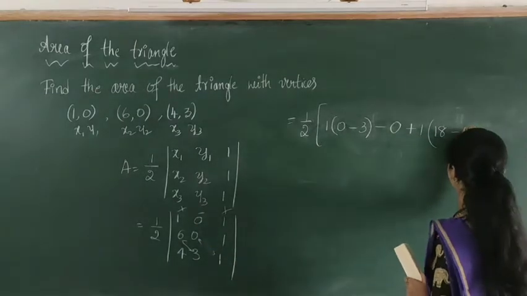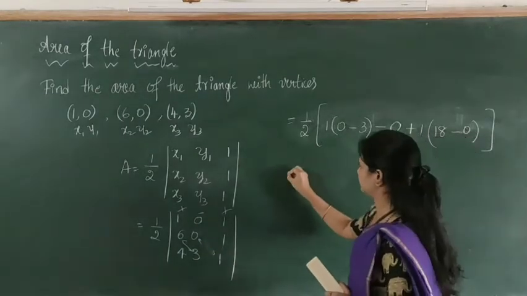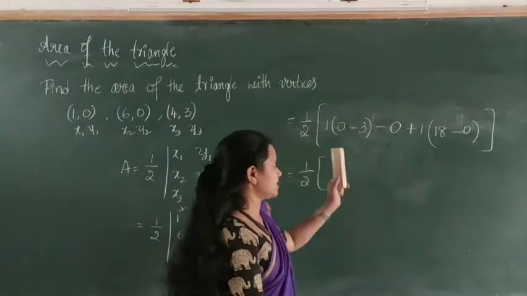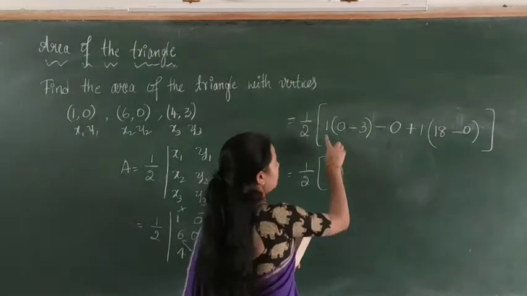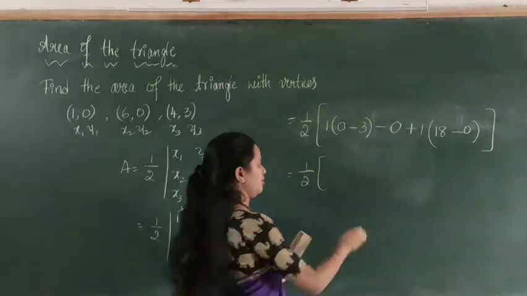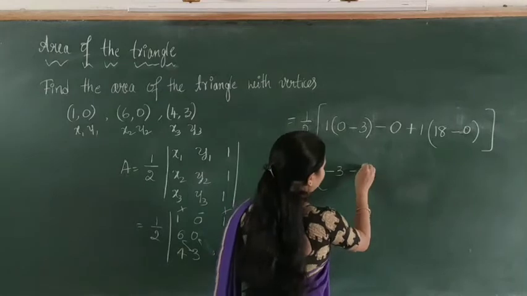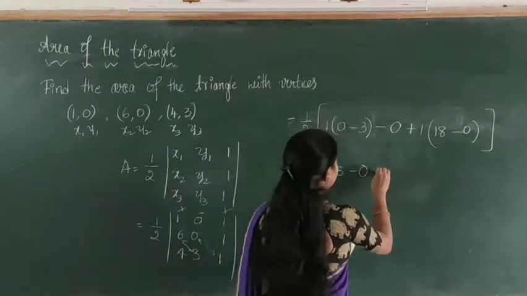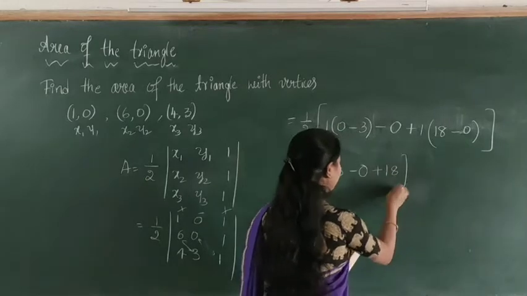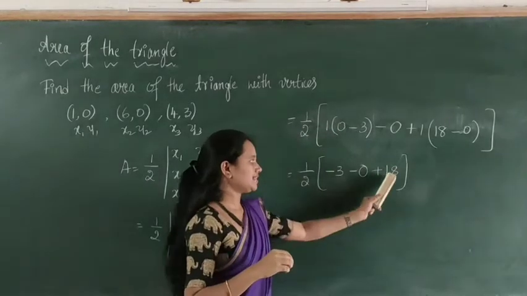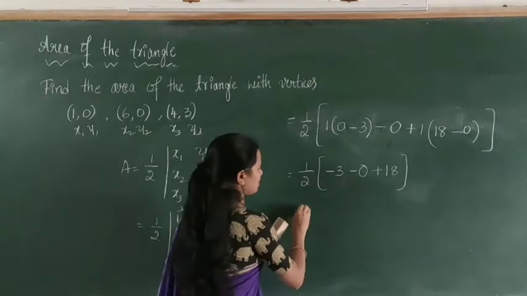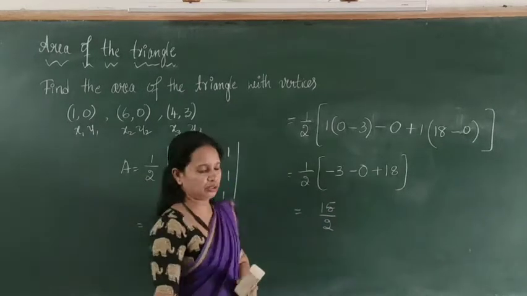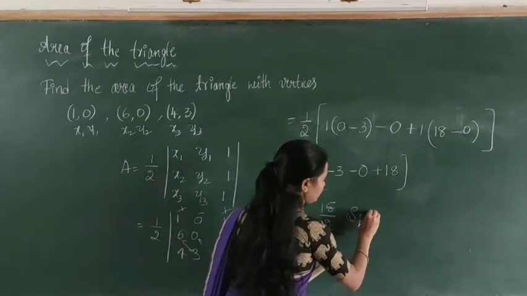So half into (0 minus 3) plus (18 minus 0), that is minus 3 plus 18, which is 15. So the area of the triangle is 15 by 2 square units.